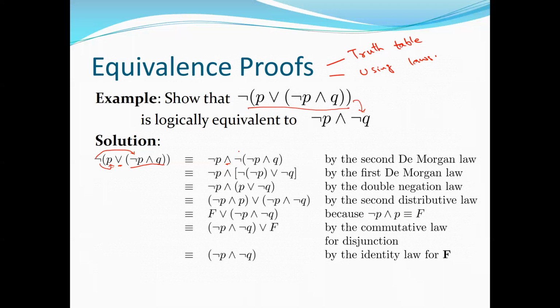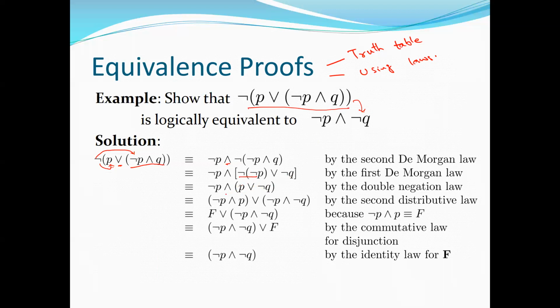If we distribute this negation inside, this will become negation of P, the AND sign will be converted into an OR sign, and the negation will also go with Q. This is the first De Morgan's law: negation of P or negation of Q. Now this becomes a double negation, and we know that double negation will be cancelled out. So that is P or negation of Q. So this is reduced to this one.